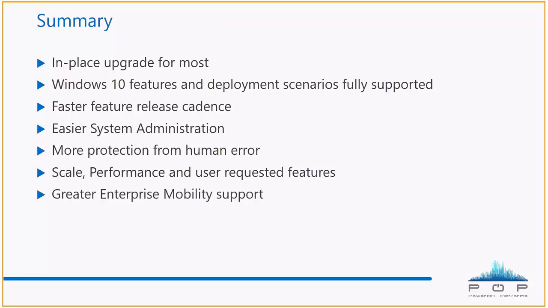Being able to make sure that we stop people accidentally doing stuff, either through lack of understanding or accidentally clicking here and everywhere. It just protects us as configuration managers, experts, and also from a business perspective of accidental damage to the estate. And again, we're getting that much greater scale and performance capabilities, as well as greater enterprise mobility integration, where we shouldn't have that lag anymore between the cloud-based services of Intune and the on-premise single pane of glass approach from Config Manager.